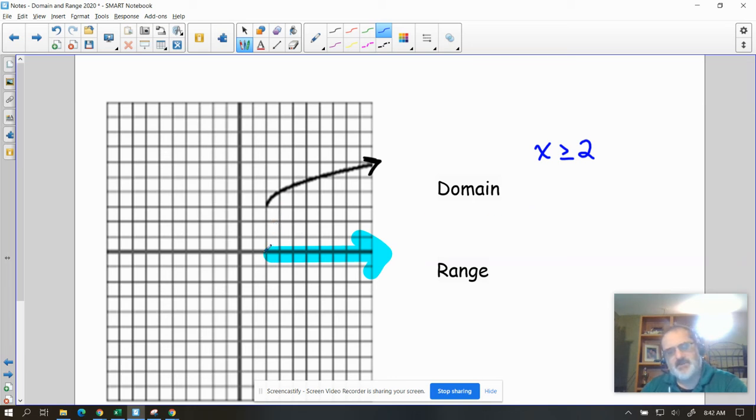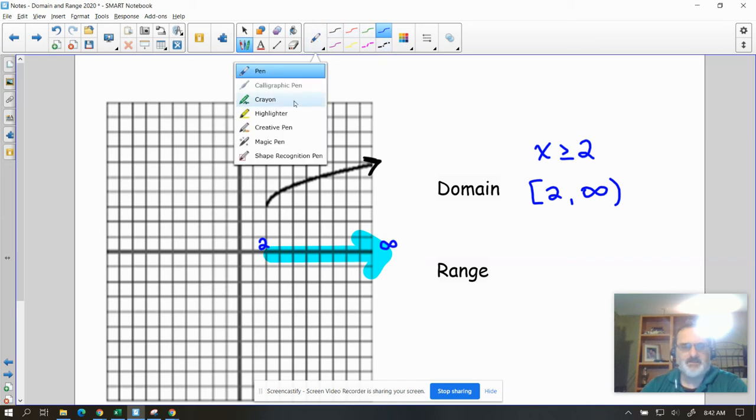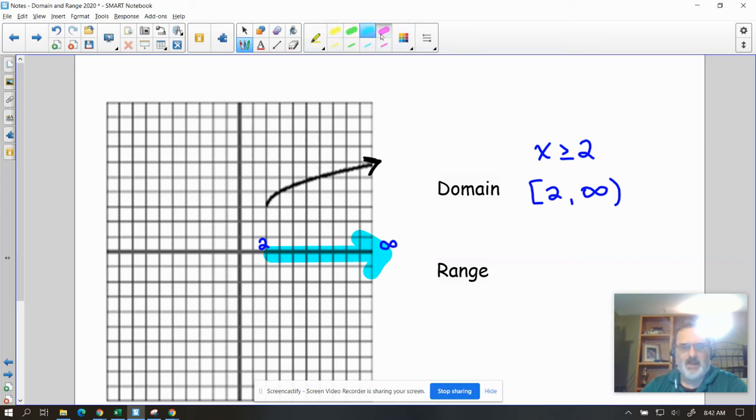Now how do we use the interval notation? Well, this starts at 2 and goes to infinity. So those are my two endpoints, including 2. All right, let's do our y's. Again, I'm going to drop them to the y-axis, but it looks like nothing drops down here. It only starts right there, and then it goes up forever.